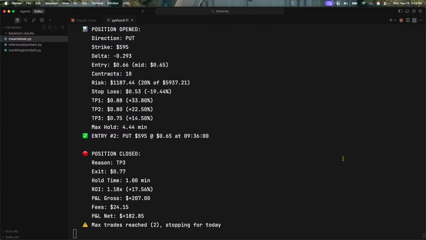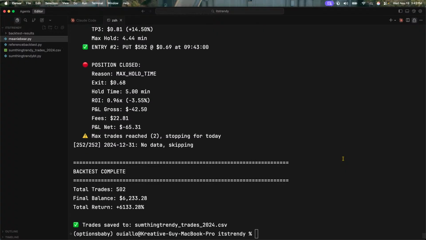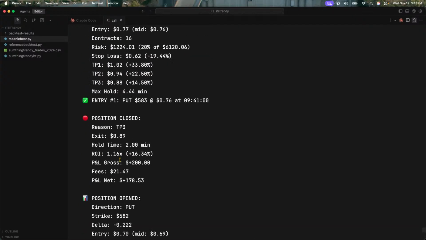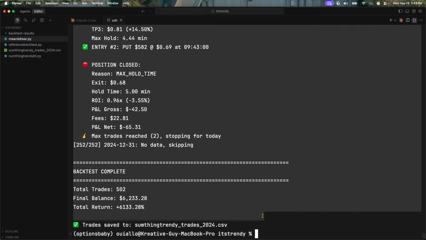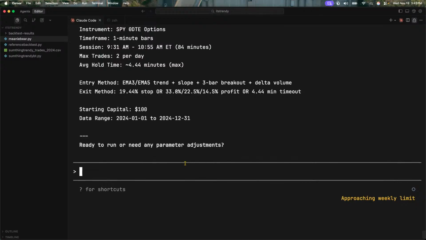Did we see anything though? 502 trades happened. We started at 100. We finished at 6,000. This is phenomenal. But I couldn't tell anything about what was going on. So now I know better.